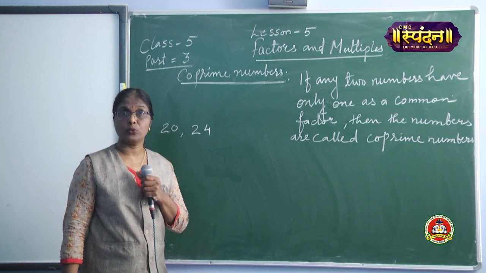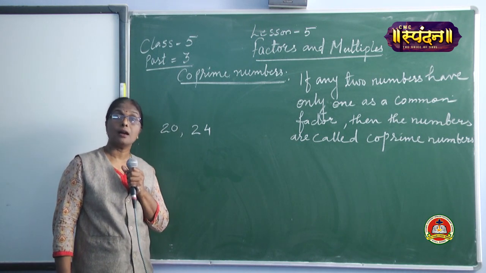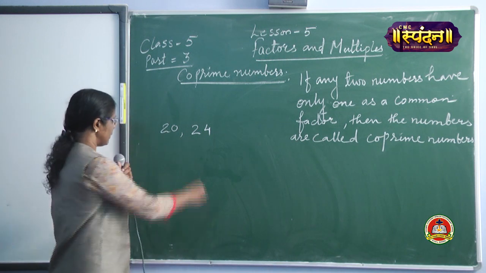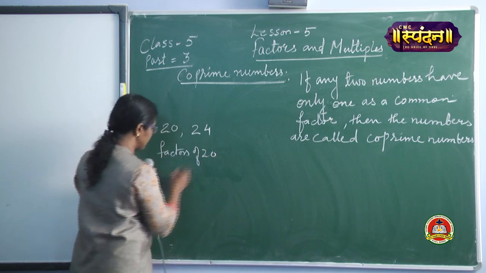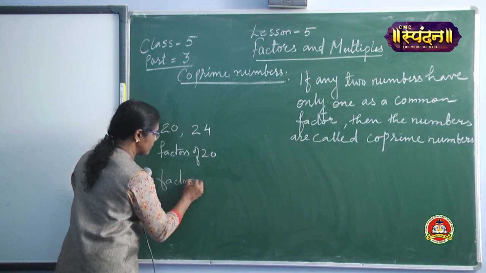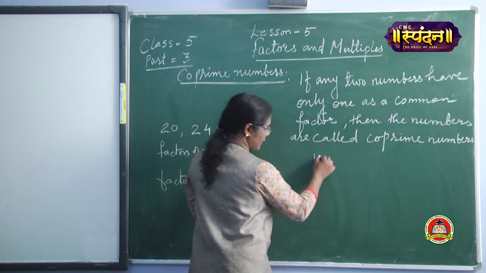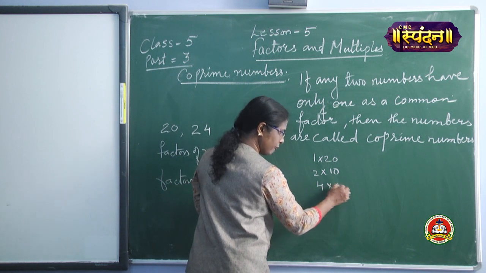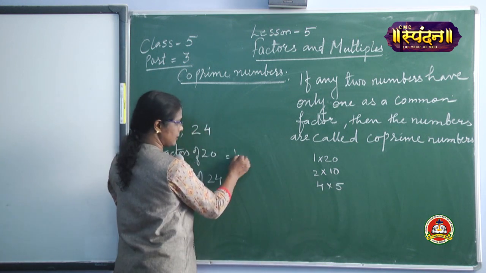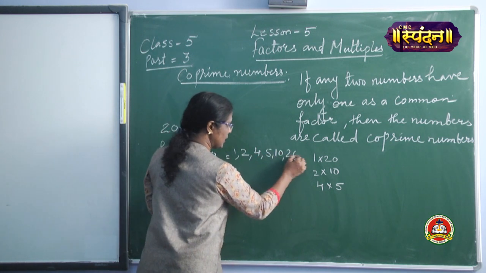By this time, you may be very well versed with, or you might have practiced nicely how to find the factors of a number. Here we are going to find the factors of 20 as well as the factors of 24. Factors of 20 are 1 into 20, 2 into 10, 4 into 5. Now the factors are 1, 2, 4, 5, 10 and 20.